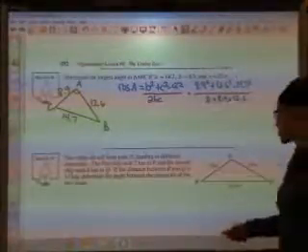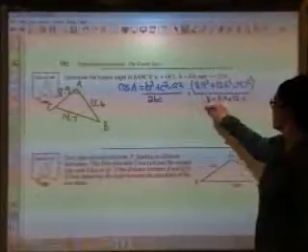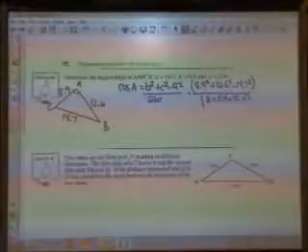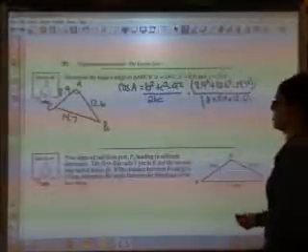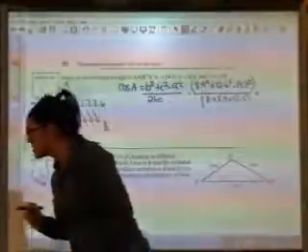When you go to put this into your calculator, use brackets. Open, close, open, close. That will tell the calculator to do the top, do the bottom, and then divide the two answers.